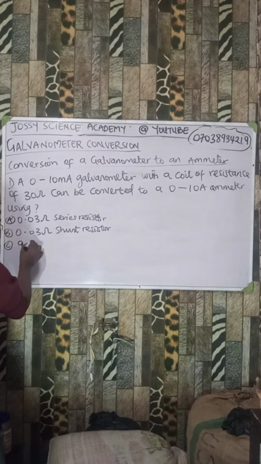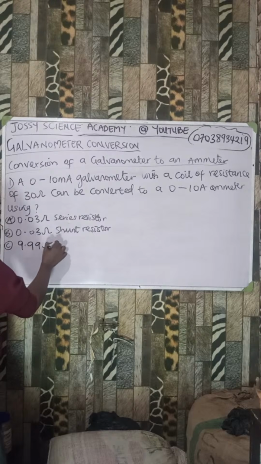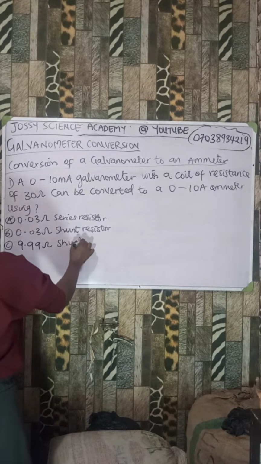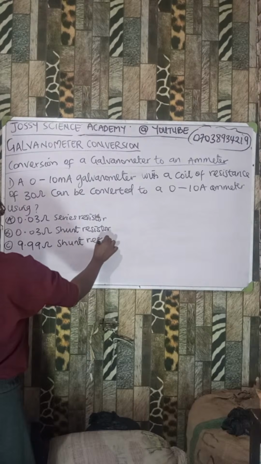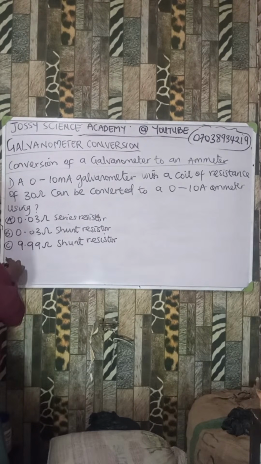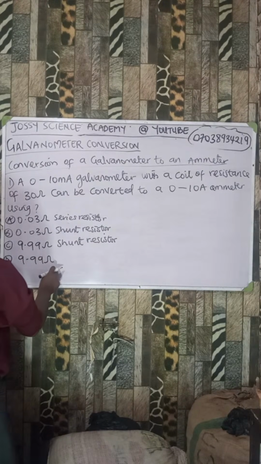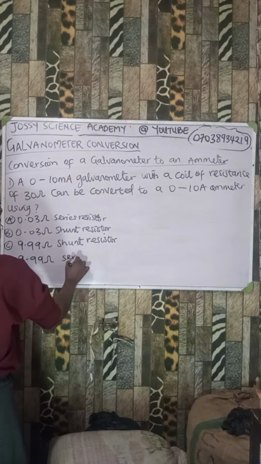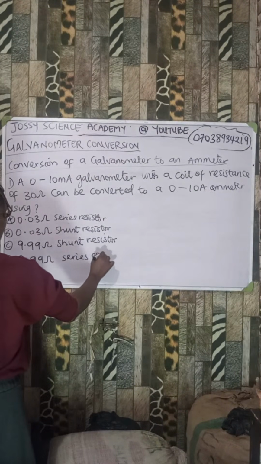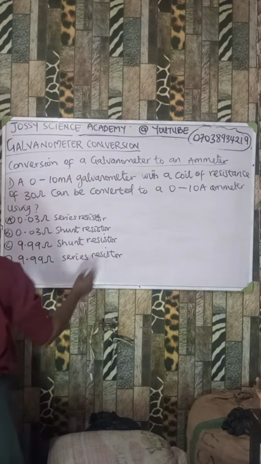Option C, 9.99 ohm shunt resistor. Option D, 9.99 ohm series resistor.